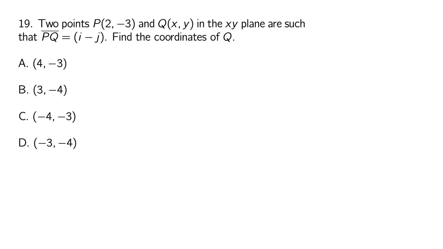The next problem is question 19. It says 2 points P(2, -3) and Q(X, Y) are in the XY plane such that PQ is i minus j, and we're supposed to find the coordinates of Q. If you recall that the vector PQ is the same as Q minus P, then you can just substitute the values into it.